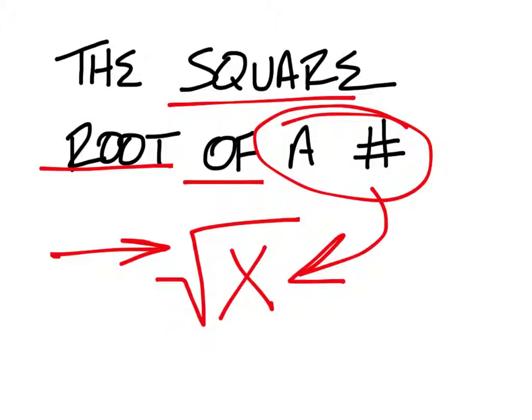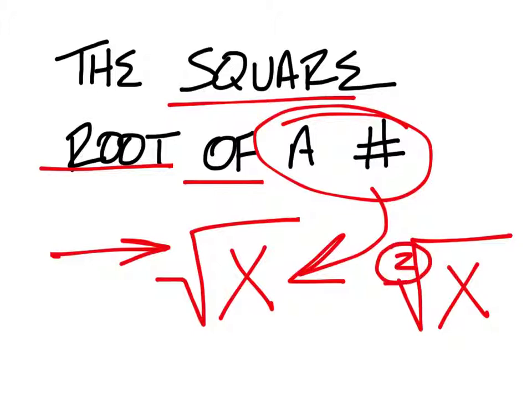Now normally, or not normally, but what this really means is this. See the 2 out there on the left of the sign? That means it's a square root. But when you don't write anything out there on the sign, it means it's a square root. If I were to write any other number there, it means third root, fourth root, and so on.